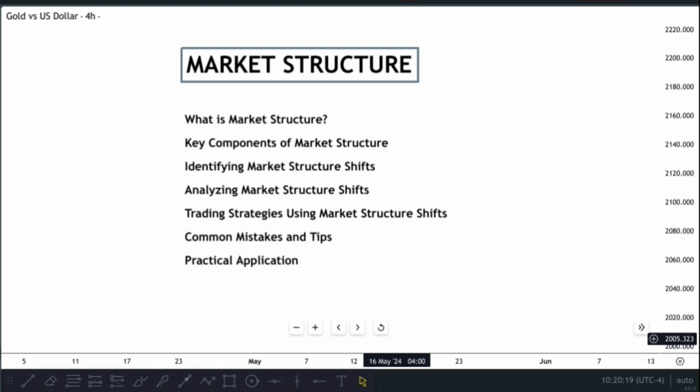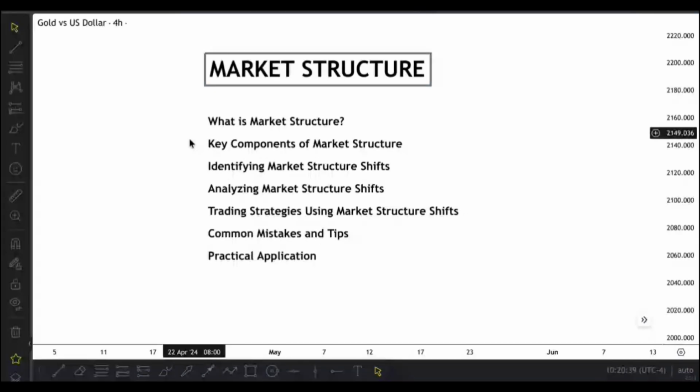Right here. Today we are diving deep into one of the most crucial aspects of trading, market structure. Understanding market structure is key to making informed trading decisions. So let's get started.